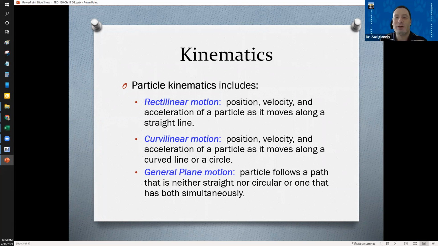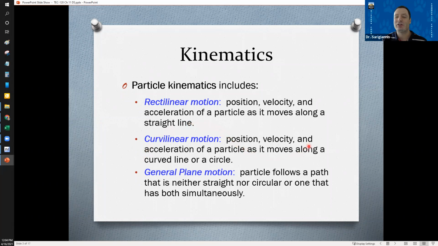In general with kinematics, you can have these basic categories. Rectilinear motion: you're looking at a particle as it moves along a straight line, with position, velocity, acceleration. Curvilinear motion is a particle moving on a curved line or a circle.